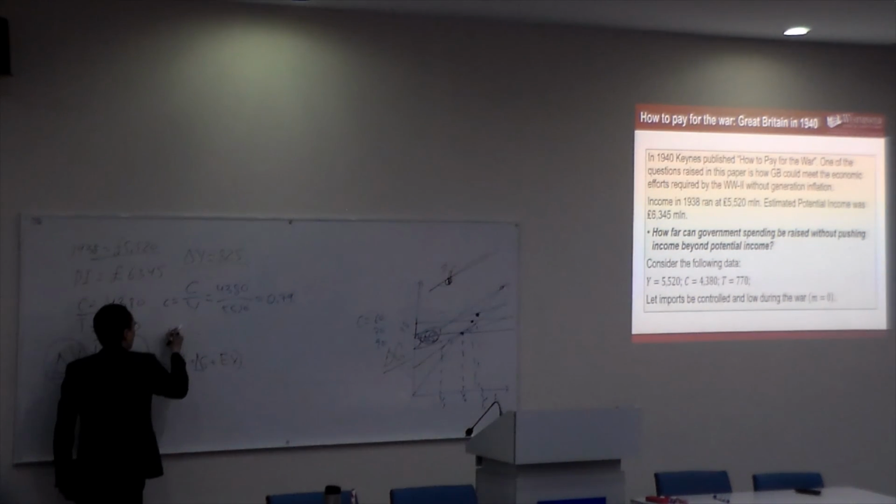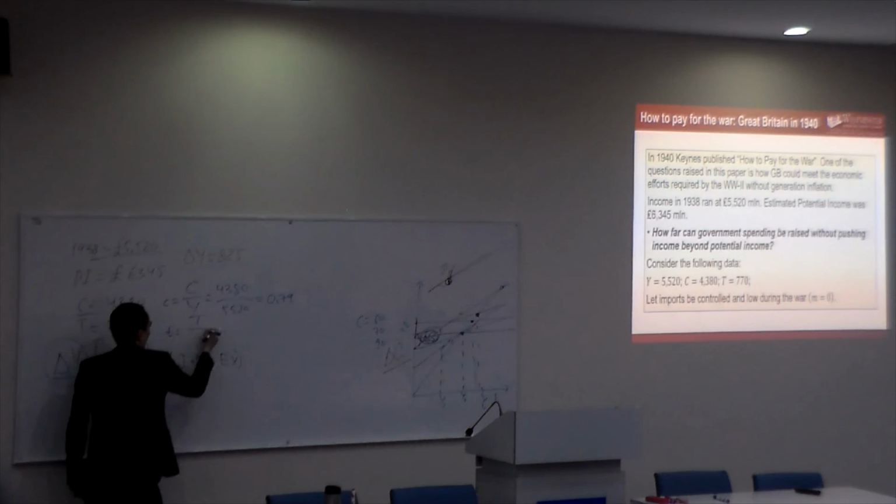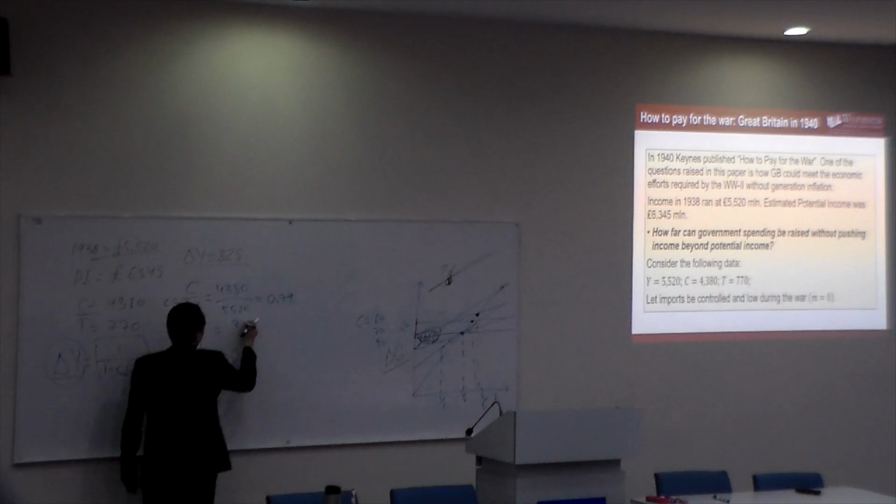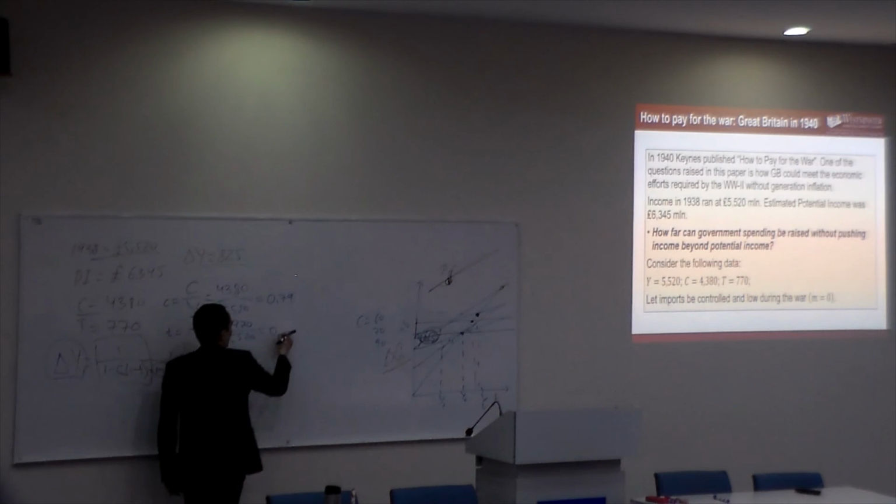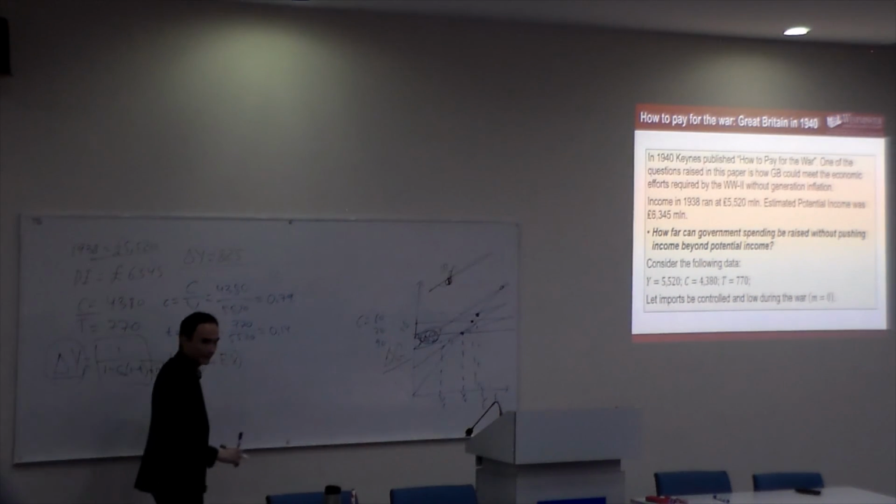So if you find the tax rate, which is tax over income, which is equal to 770 over 5520, which is, I see, 0.14, right?